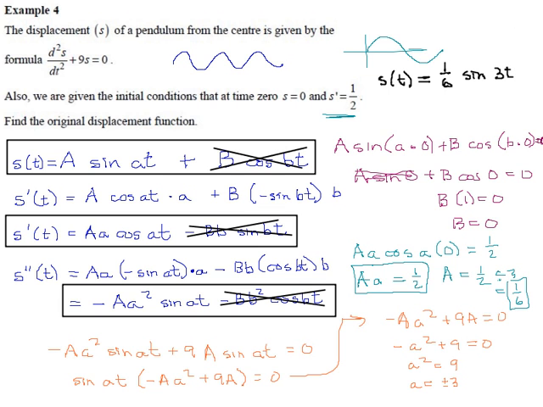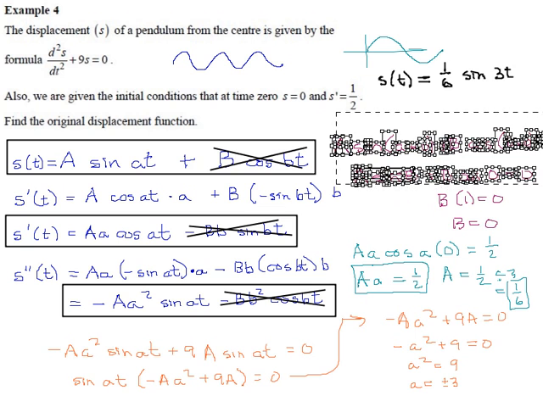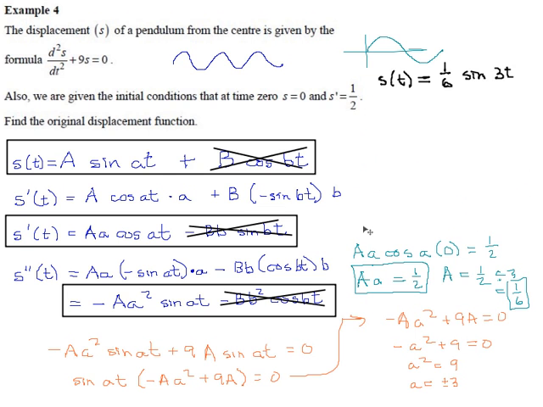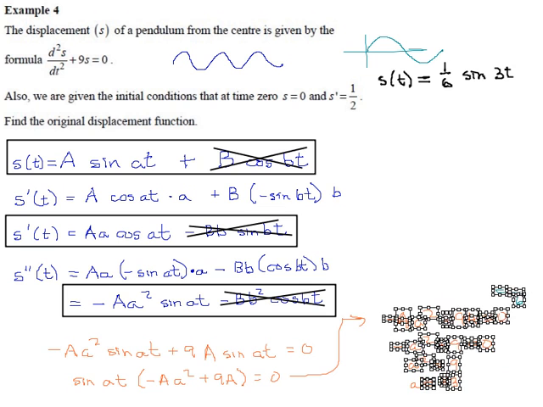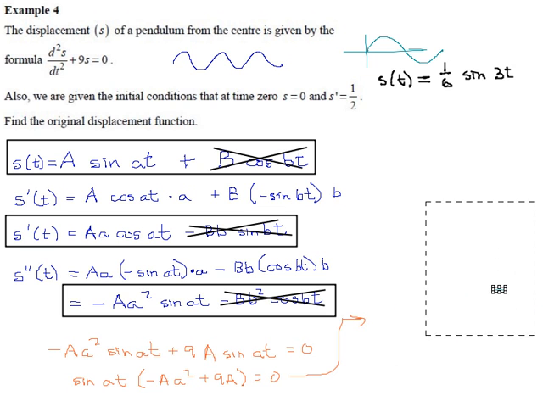Now, I'm going to clear out some of this work on the right and check that and just confirm that it satisfies everything it needs to. Sorry, this example is running a little long, but it gets a little gory when you've got all this trig and all these derivatives. So if that's our original function, then its first derivative would be 1/6 cosine 3t times another 3.